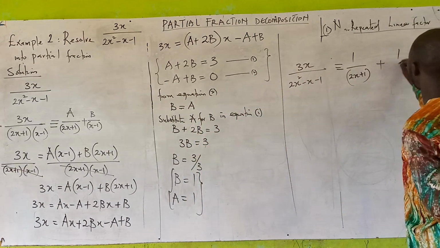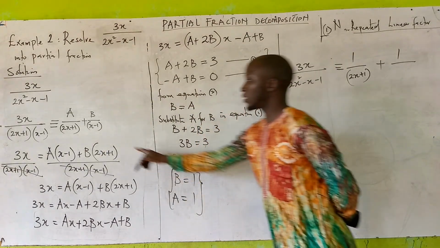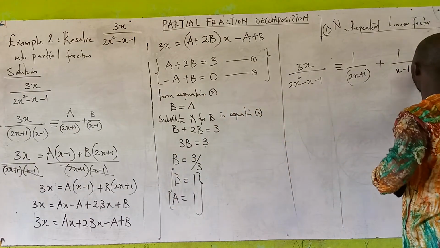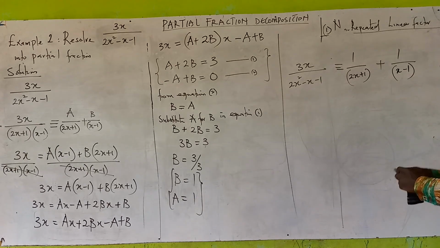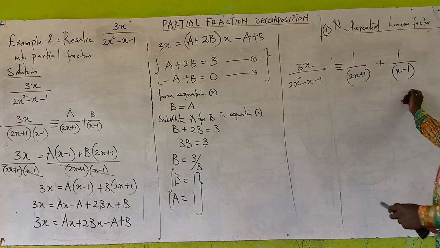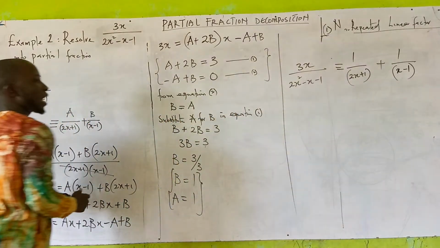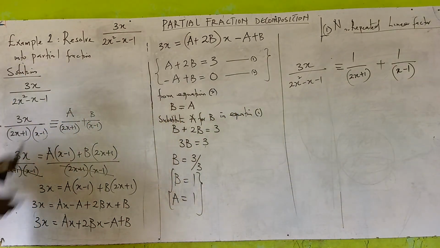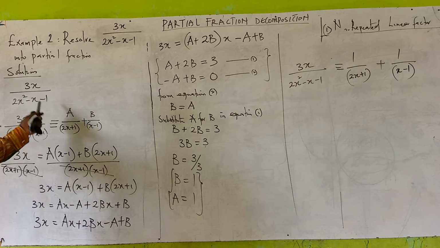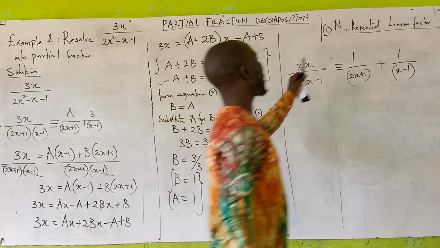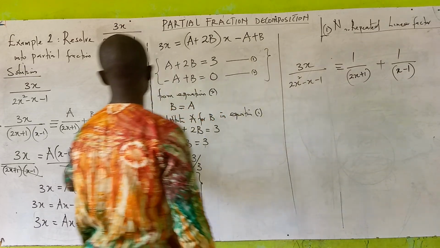It says 1 divided by, what is the denominator? It says x minus 1. So this is the breakdown of this single fraction here. And the process of breaking down a single fraction into its components is what we are treating, partial fraction. We are still under non-repeated linear factors.